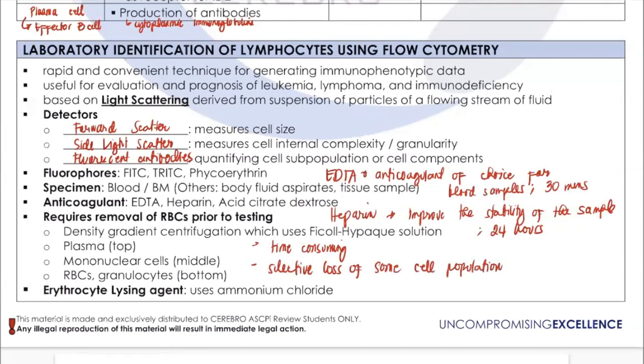That's why the preferred method of removing red blood cells is the erythrocyte lysing agent, which makes use of ammonium chloride. So this is the preferred method: you just lyse the red blood cells.